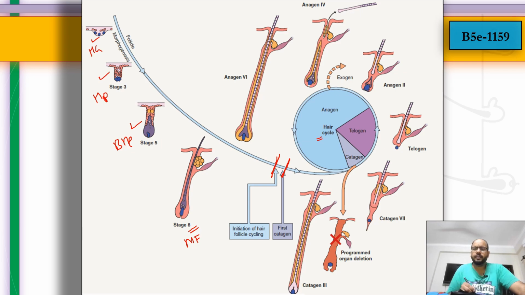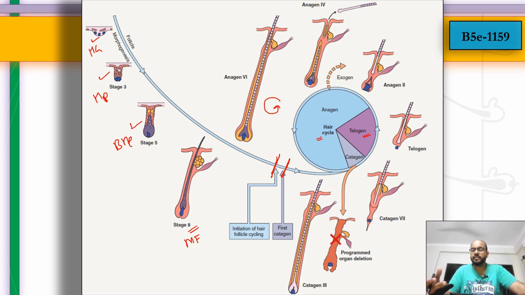One thing to remember is that it's a cyclical procedure, and in a cyclical procedure, if you're in one part of the cycle, you are preparing for the next part. So telogen phase does not mean that the hair will just fall off and do nothing else. During that time, the dermal papilla and the lower portion of the hair follicle are preparing to enter again into the anagen phase. In the anagen phase, the hair is growing, but at the end of anagen phase, it is preparing to enter the catagen phase.